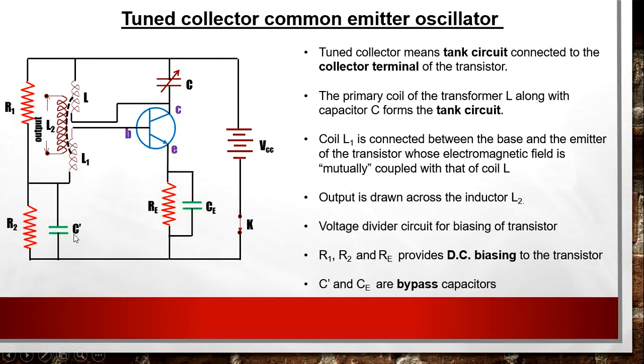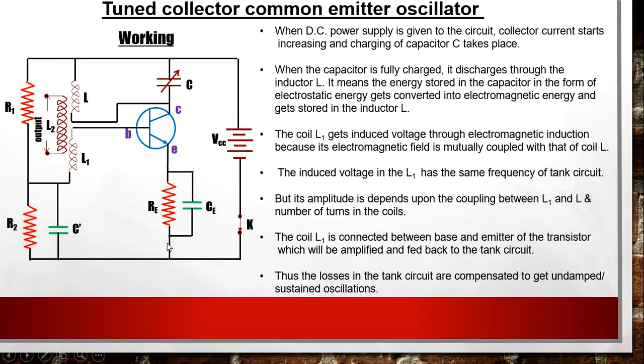That's why this C prime capacitor provides a low resistance path to this AC voltage, and that's why there will be no drop across R2. So this is the introduction of all the components connected in the circuit. Now we will discuss the working of this circuit.